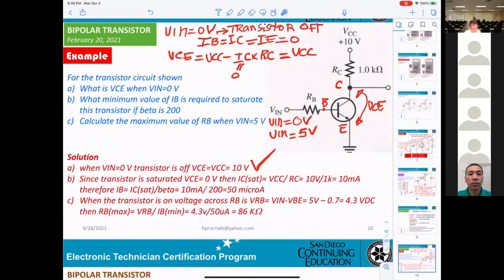Teacher, I have a question. Go ahead. In letter C, if the transistor is on, why are we using the current 50 microamp if this current is for when the transistor is saturated? Which one, A or B or C?